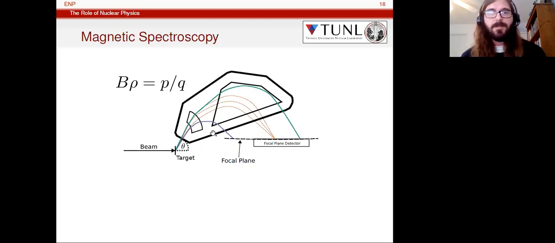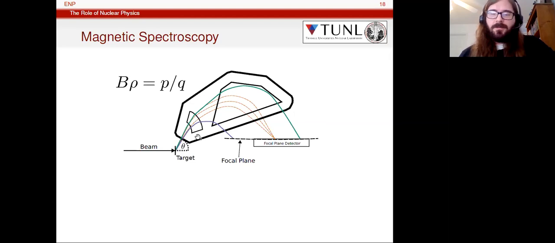And so the way that we do that in this experiment is magnetic spectroscopy. So this little cartoon here is showing a cross-section of the Enge split-pole spectrograph that we used in this experiment. We're using this magnetic field B to bend the deuterons coming out from the helium-3,d transfer reaction, so that we separate them based on their momentum to charge ratio.